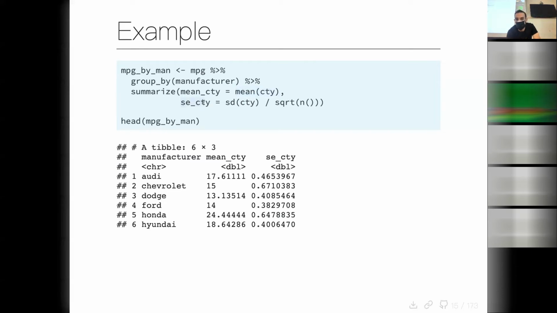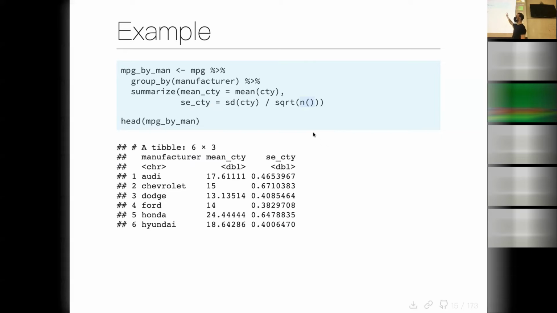And then the standard error of the city, this is the standard error of the mean, right? So this is the standard error of the estimate, the mean being the estimate. Okay, and so we do that by taking the standard deviation of the city and then dividing that by the square root of the number of observations. There's a function in dplyr that's just n, and that will give you the number of observations.